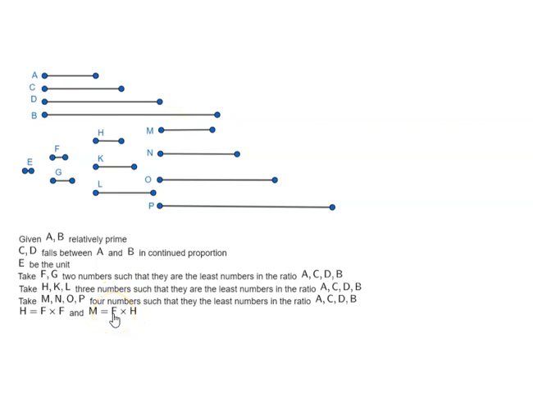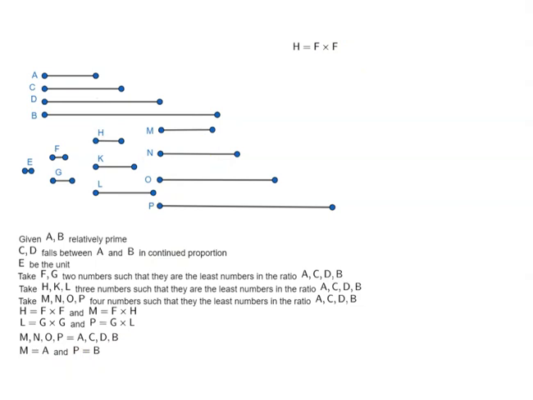Because remember H is F square, so F square times F is F cube. Similarly, L is G times G and P is G times L, which means M, N, O, P is equal to A, C, D, B. Because remember, while we are building this, we were maintaining the ratio. So M is equal to A and P is equal to B.